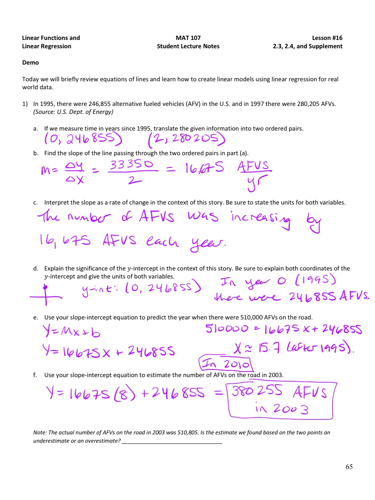So the actual number of AFVs in 2003 was 510,000, which means that the number we predicted was an underestimate. This is way lower than the actual number. So this is an underestimate.